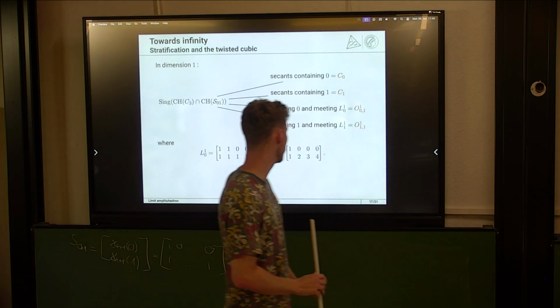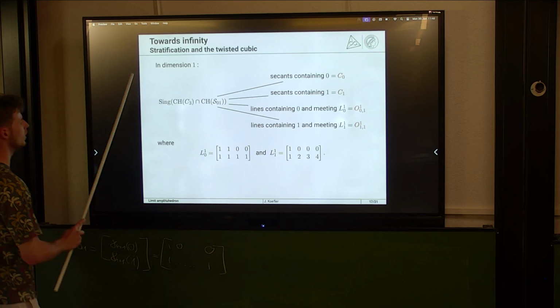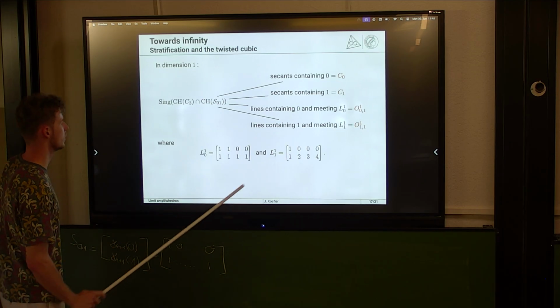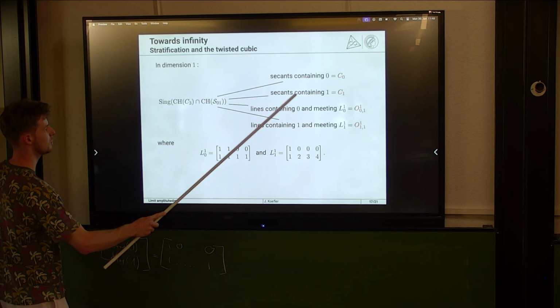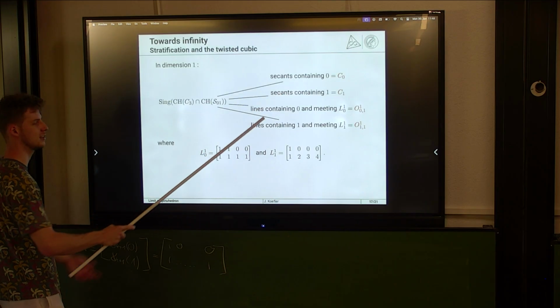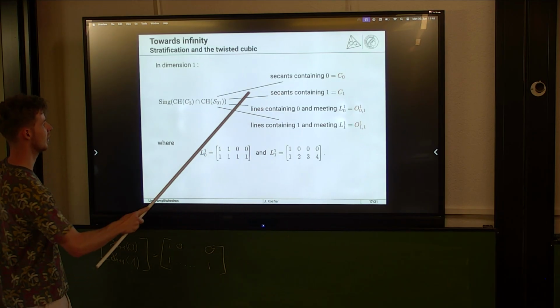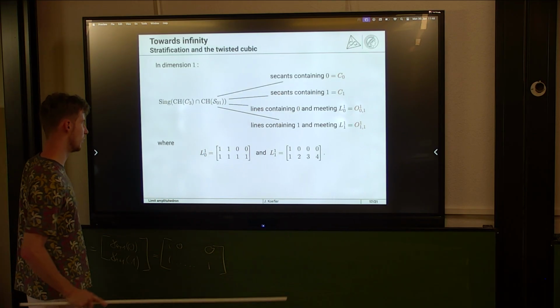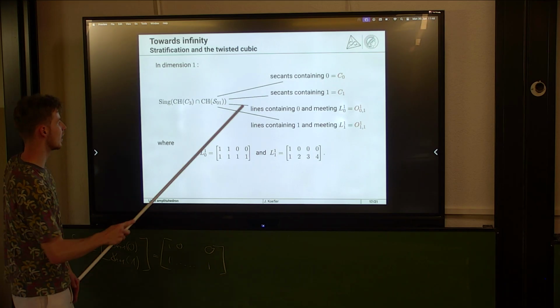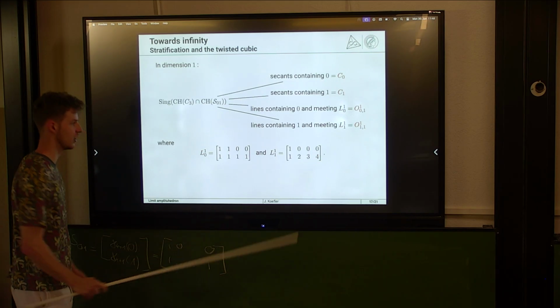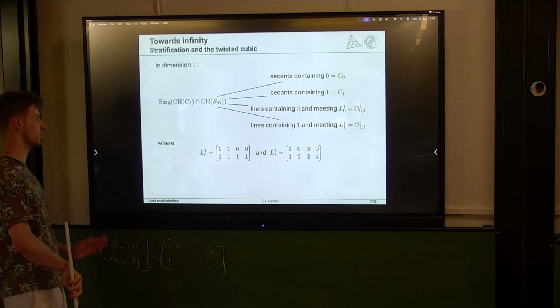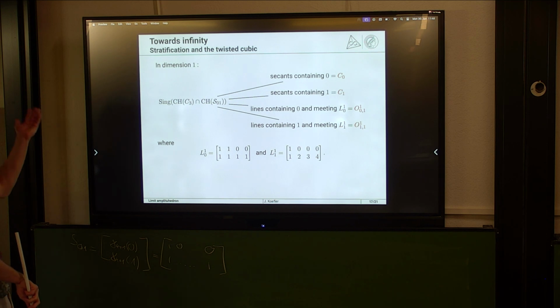And then we could go down in dimension 1. And you can see, okay, well, you can be even more special. You can contain the 0 point and still be a secant to the twisted cubic, or contain the other point. And then there's something new that appears, and that is the only other ingredient you've not seen so far, which appears in any k.